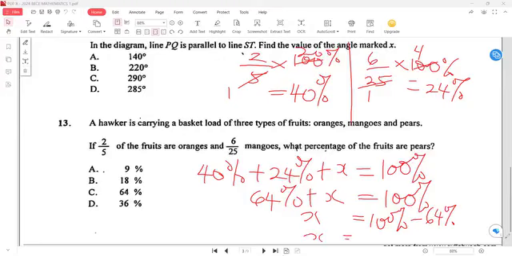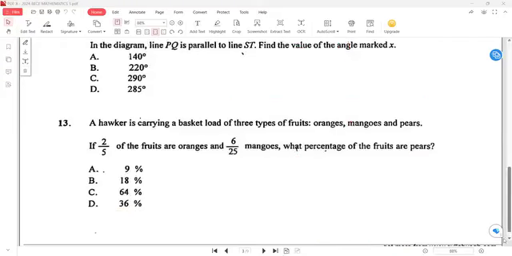So X should give us 36%. So 36% of the fruits are pear. We can decide to also add up the fractions that are mangoes to the fractions that are oranges. So whatever you get, subtract from 1, and then you find your answer in percentage. It will still land you at 36%. It's also a different way you can go around. Question number 13.